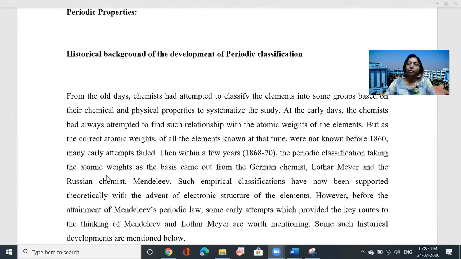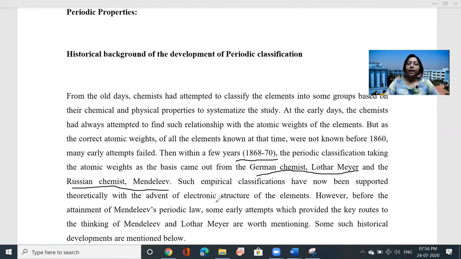Then within a few years, around 1868 to 70, the periodic classification taking atomic weights as the basis came from the German chemist Lothar Meyer and the Russian chemist Mendeleev.